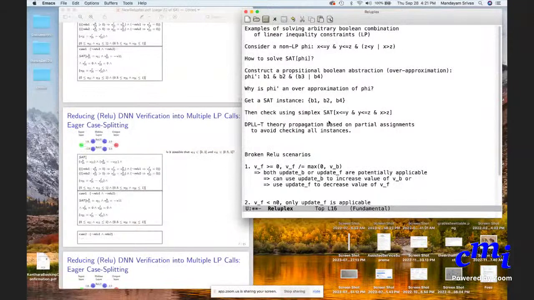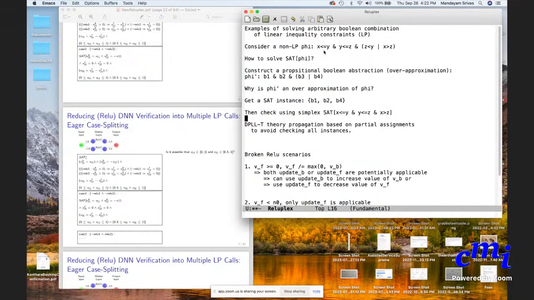It does a bit of smart thing. The way DPLL works is, it generates one, sets one Boolean variable. It gives a truth assignment to one variable. So first it says, let's try B1 to true, and then B2. After each point, because B1 and B2 are actually linear inequalities, it tries to see what they imply, so you can derive some new facts.